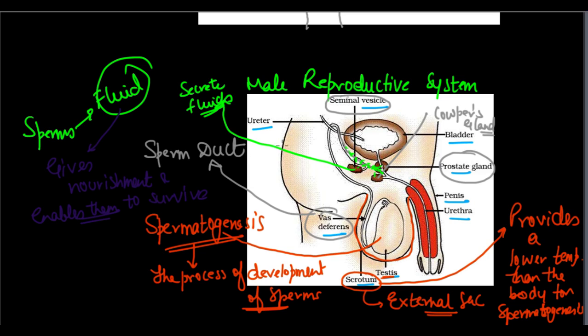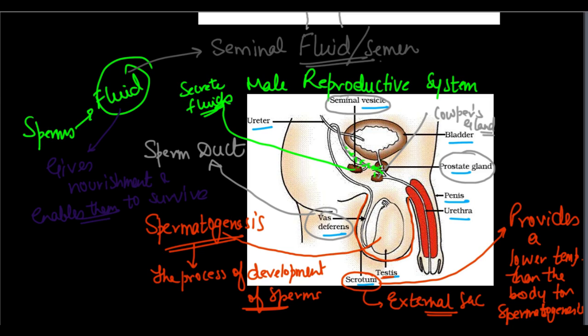This fluid, which contains the sperms as well as the secretions of the seminal vesicles, Cowper's gland and prostate gland, is known as the seminal fluid, and it is also called semen. So this is the basic thing which takes place in the male reproductive system.